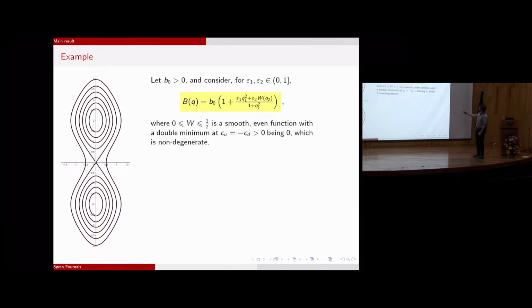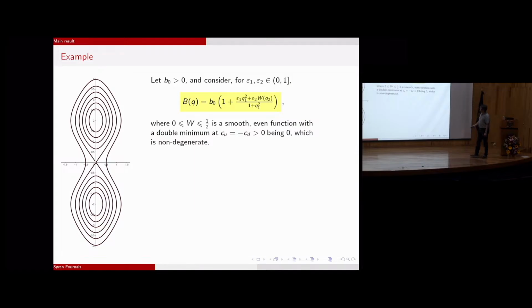Okay, and then again, I need boundedness for technical reasons. So in order to have this whole thing bounded, I have divided it by 1 plus Q1 squared, because then the whole thing becomes bounded. I can control this. And I need it to be strictly positive, so I lift it up by putting in a 1 here, and then there's a B0 in front just to say that I can deal with, say, arbitrary magnetic field strength, but really this is not an important coefficient.